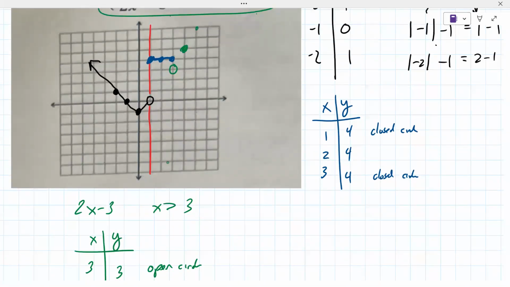And then right there. And again, this one's only valid to the right, so you only show it to the right like that. Yeah, that makes more sense.